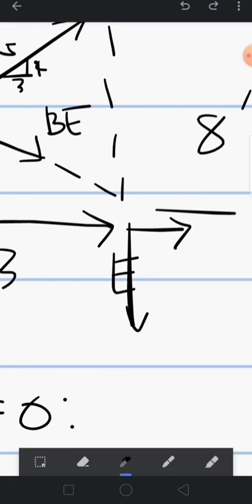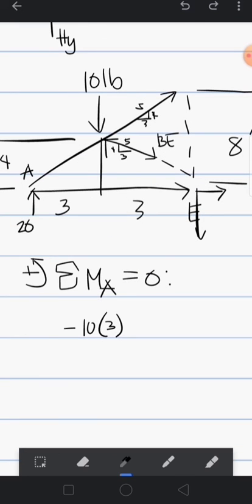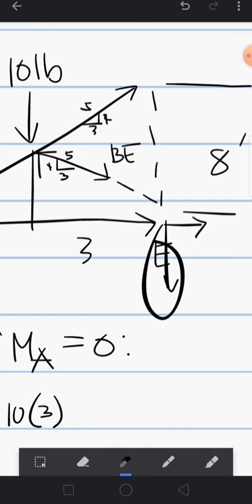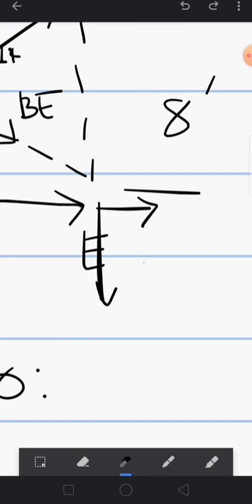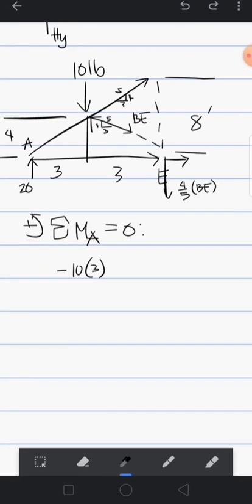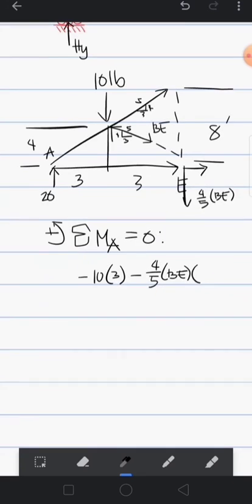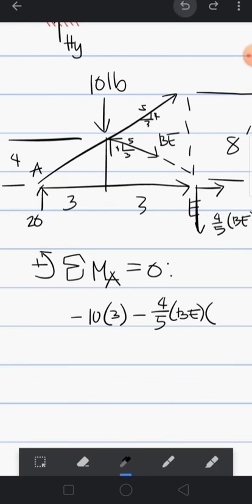This component is zero since it passes through A. The vertical component would be 4/5 of BE, and the other is 3/5 of BE, but since it is zero, we don't care. The 4/5 BE rotates clockwise, and its moment arm is this 6.